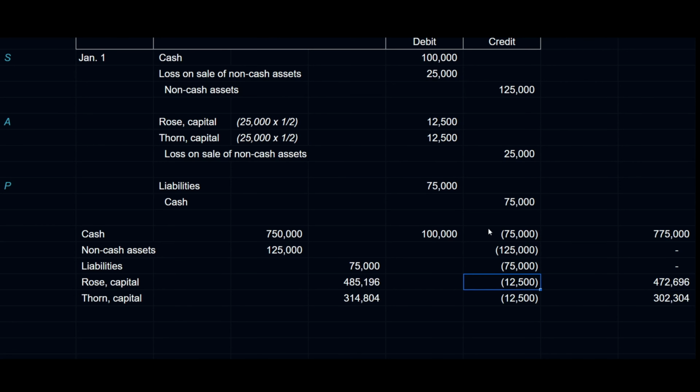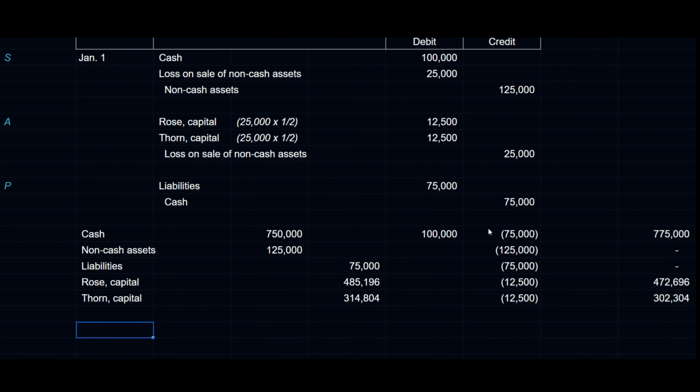And we can see our updated balances here. $472,696 for Rose, $302,304 for Thorn. The total of those two accounts is $775,000, which happens to equal cash.